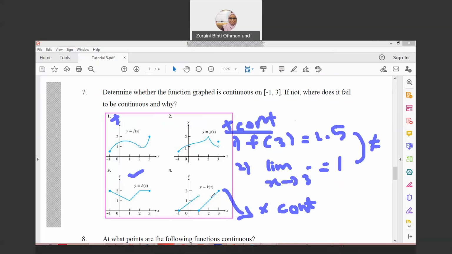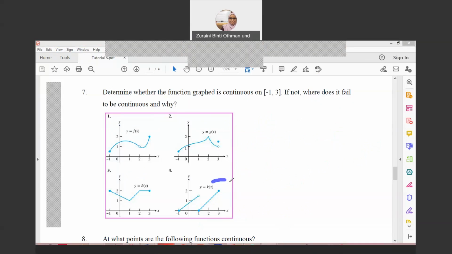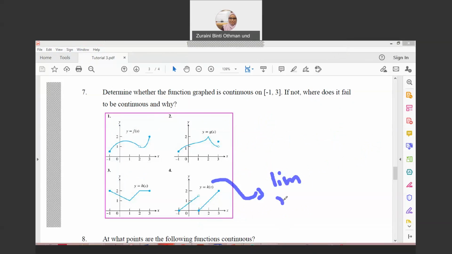Because at x is equal to 1, we found that the limit does not exist. For number 4, the limit as x approaches 1 from the left is equal to 1.5.